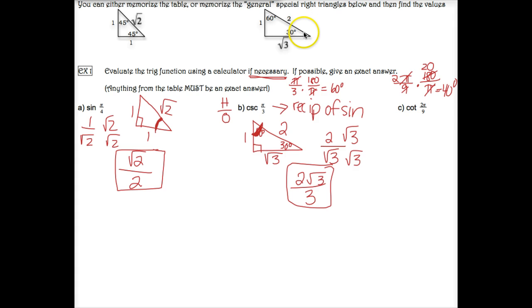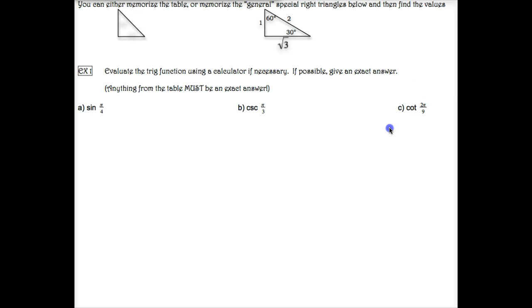Right now, if you did the last lesson together with me, then you should already have your calculator in degree mode. So if it's in degree mode, then you can just press in, because cotangent is the reciprocal of tangent, 1 divided by the tangent of 40 degrees.